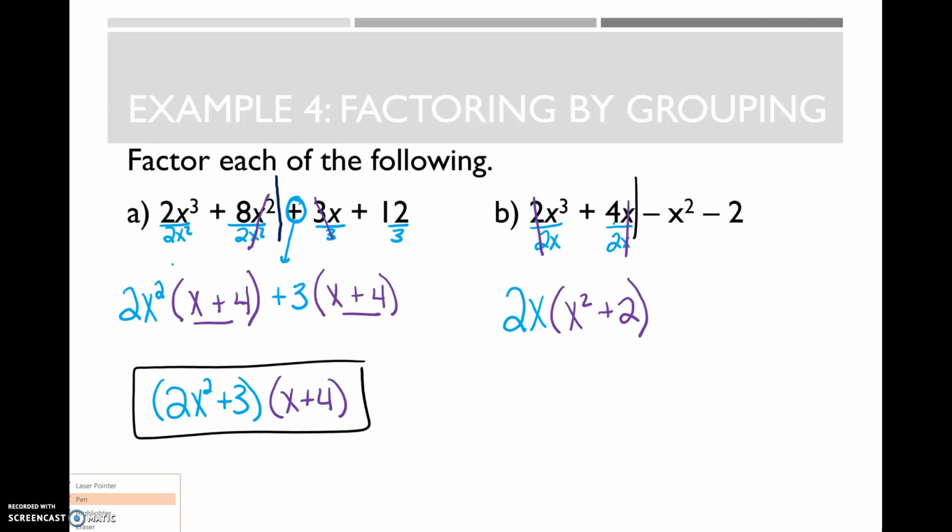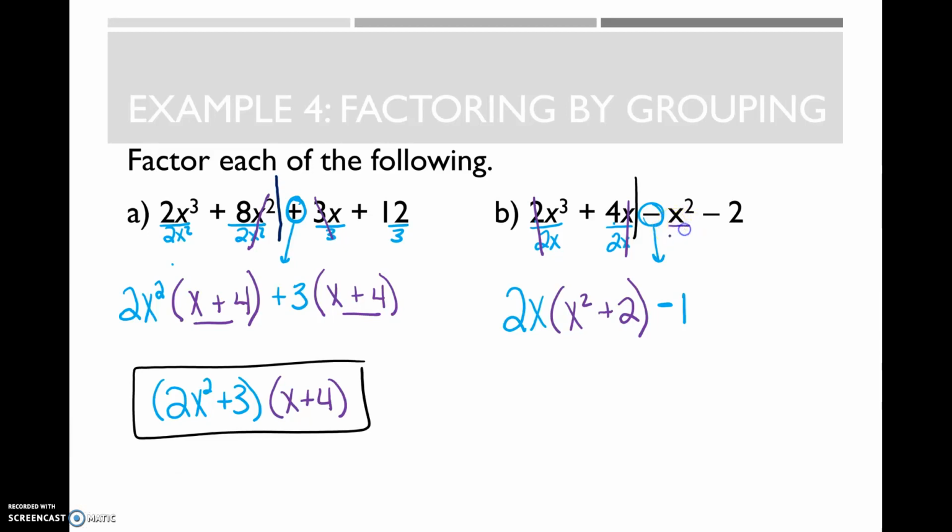In the second set of parentheses, we've got negative x squared and negative 2. If this symbol is a negative, you want to use a negative. What do x squared and 2 have in common? A 1. If they don't have anything in common, they have a 1 in common.